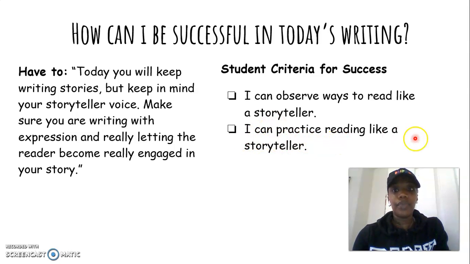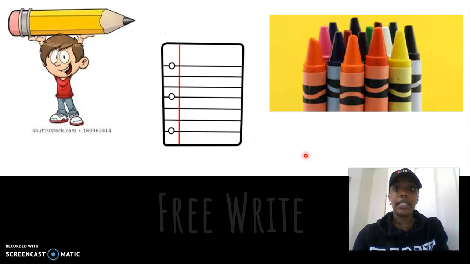I can practice reading like a storyteller. And now we know you can do that by reading aloud to yourself your story over and over again, making sure that it is readable. Those are your have-tos and how you can be successful. And as you already know, after you are doing your have-to, you can go right into your free write. This is your time to write about whatever you want to write about.